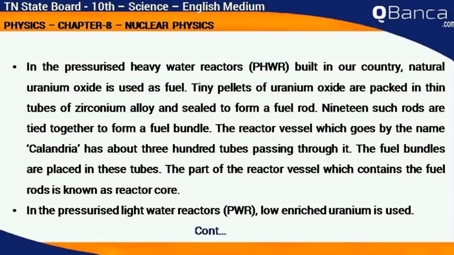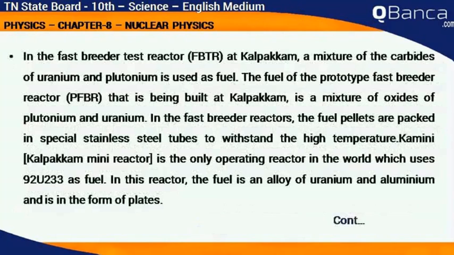In the pressurized light water reactors, low enriched uranium is used. In the fast breeder test reactor at Kalpakkam, a mixture of the carbides of uranium and plutonium is used as fuel. The fuel of the prototype fast breeder reactor that is being built at Kalpakkam is a mixture of oxides of plutonium and uranium.